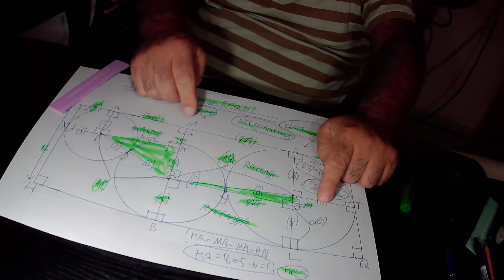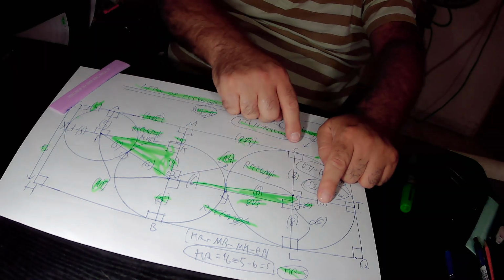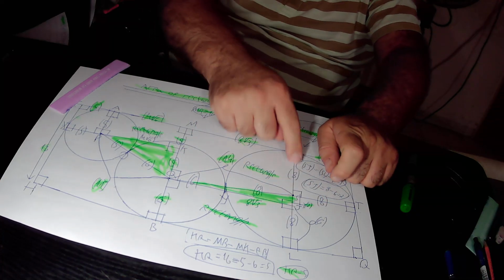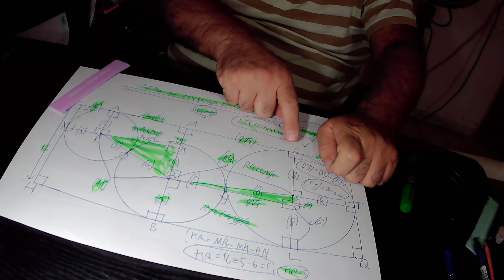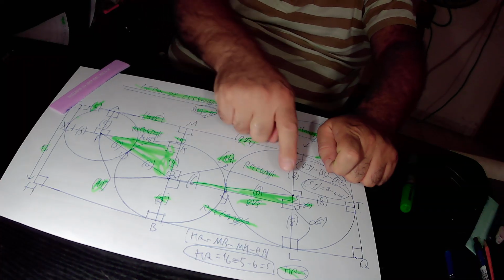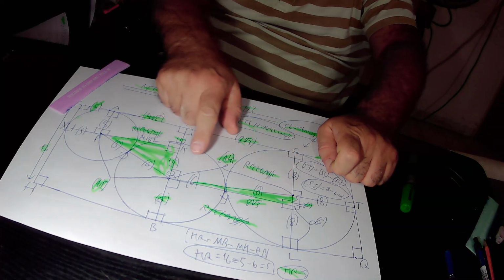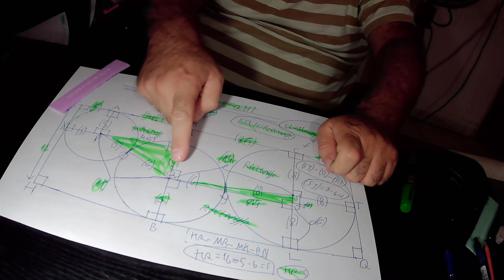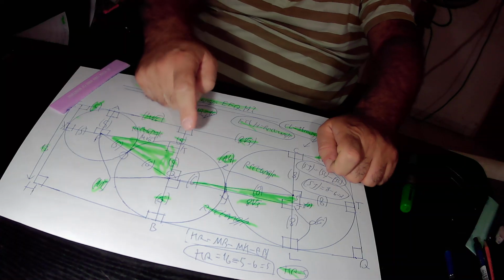This is quadrilateral MQJC. Inside quadrilateral MQJC, we have 1, 2, 3 right angles, and therefore this missing angle must also be equal to 90 degrees in its size.